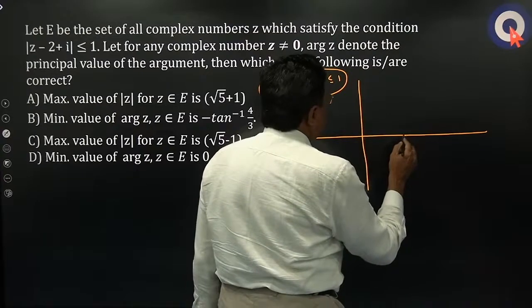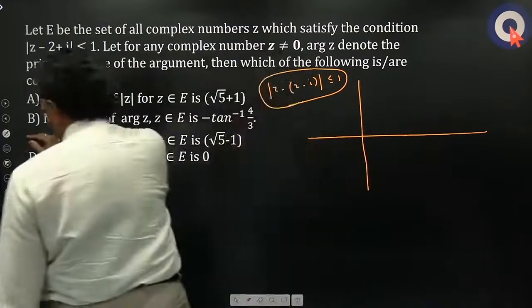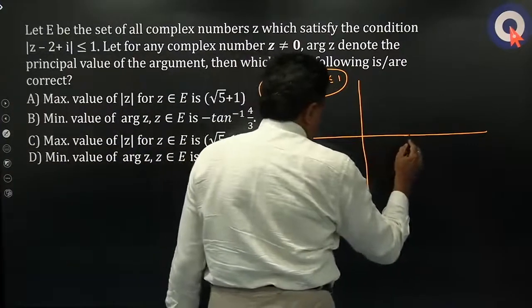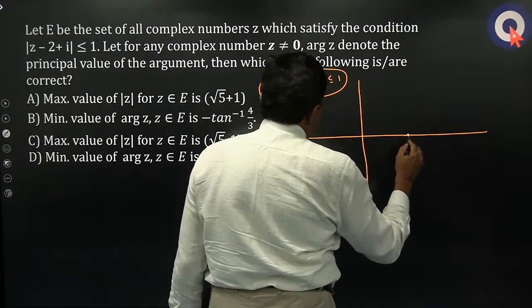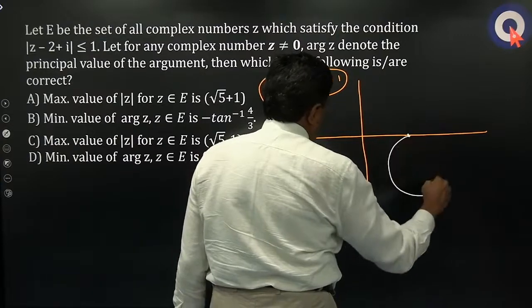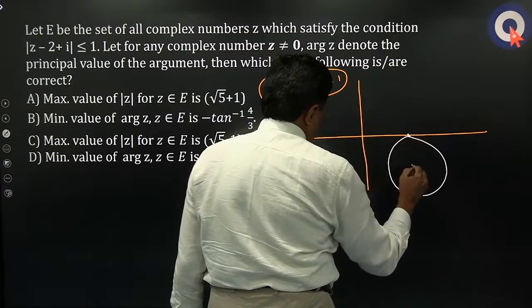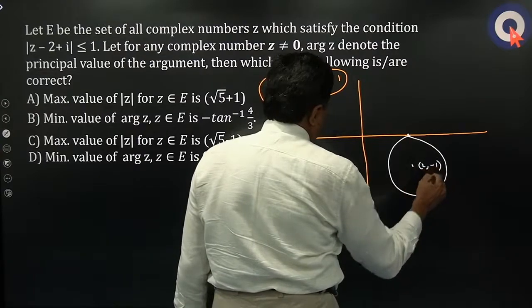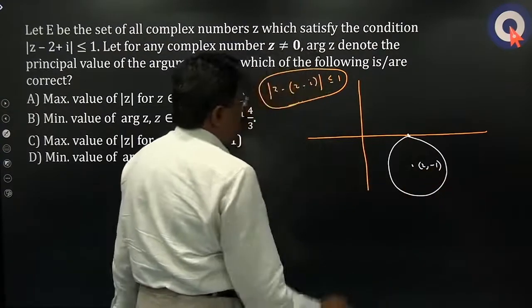All right. So you have a circle like this, at 2 comma minus 1.